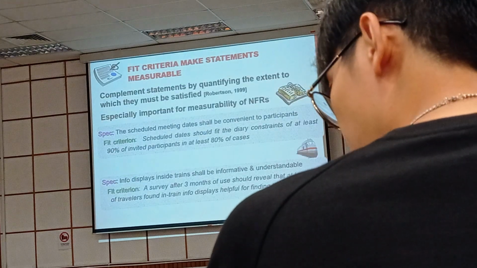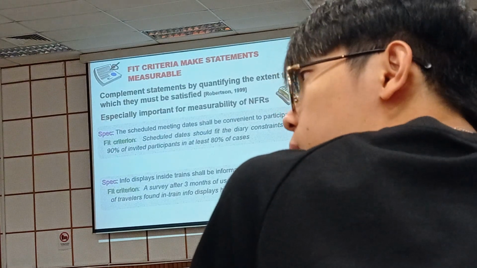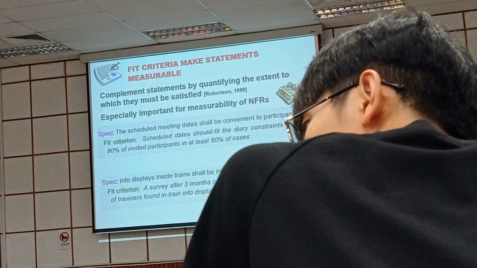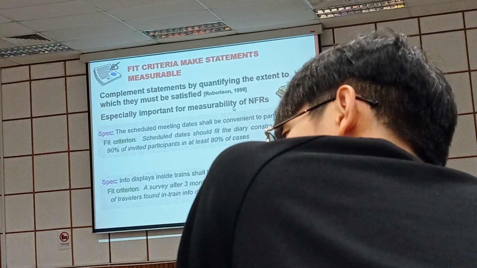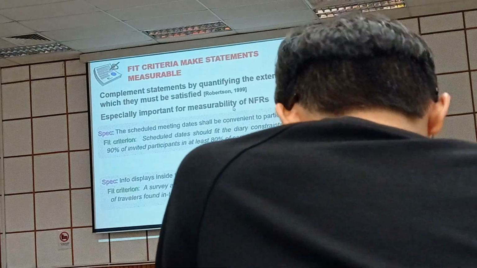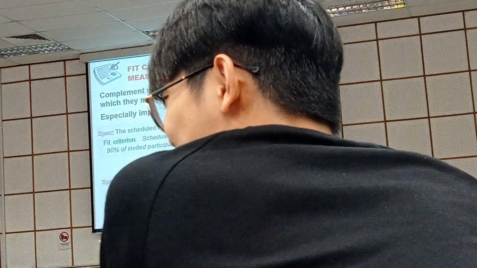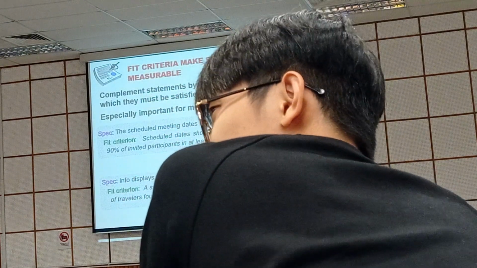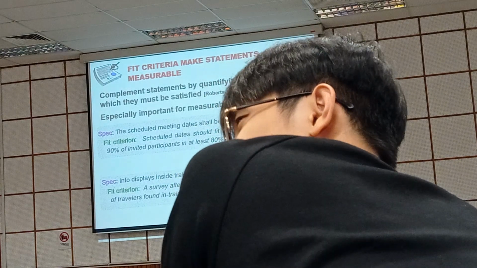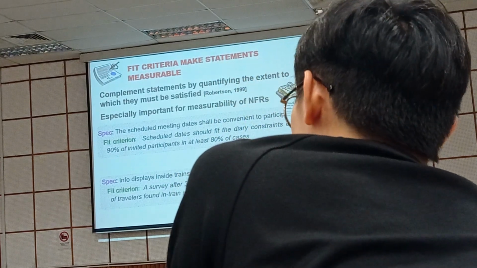So, example: the scheduled meeting dates shall be convenient to participants. What is convenient for you here? The meeting dates should be convenient. So what do you understand when I use the word convenient? What's your opinion? Suitable.